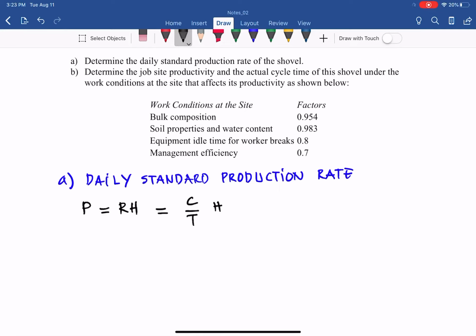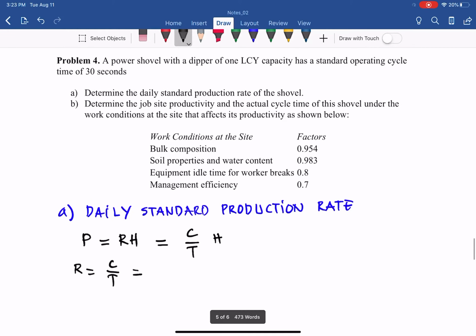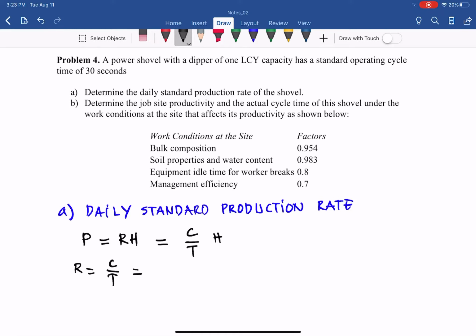So let's find out what R is. R equals C over T. What is C? The cycle capacity in this one is 1 loose cubic yard. So C equals 1 LCY, divided by the cycle time, 30 seconds.